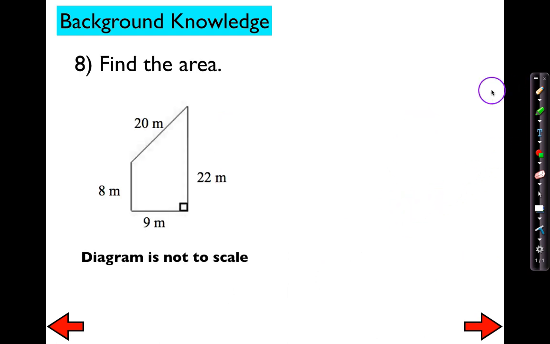Moving on to number 8, it says find the area. Guess what? This is again a trapezoid. Okay, how can you tell if something is a trapezoid? Well, it's going to have 4 sides: 1, 2, 3, 4. And what's special about a trapezoid is it only has one set of parallel lines.